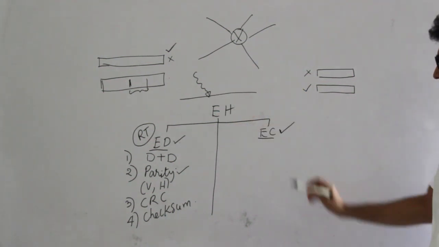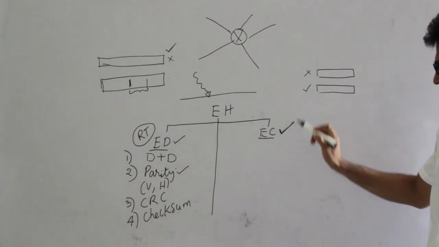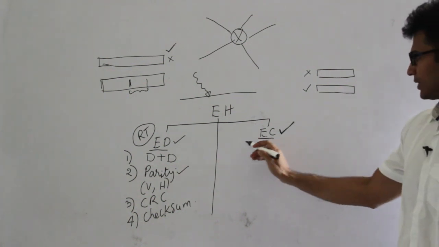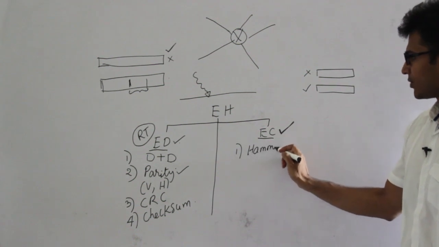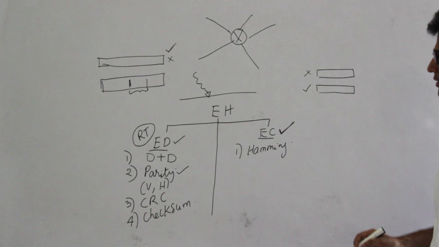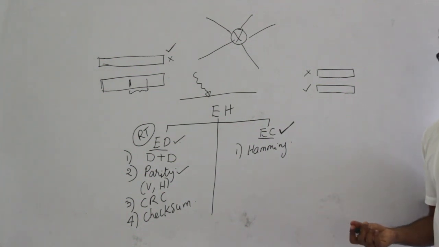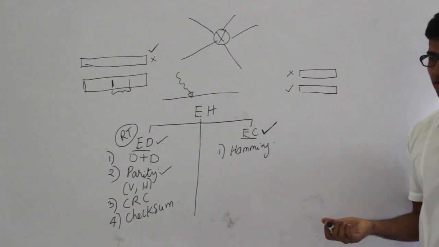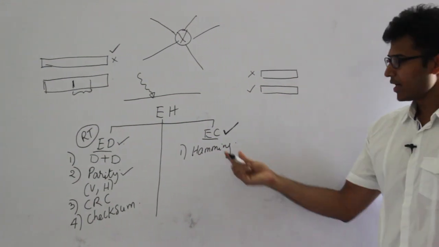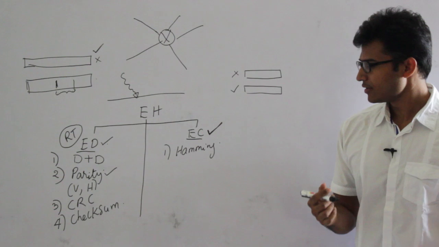Coming to error correcting methods, the first thing is Hamming code. About Hamming code, I'll discuss it in the algorithms course. We have Hamming codes in algorithms, and we also have Hamming code in digital. So I'll discuss it in either algorithms or digital.